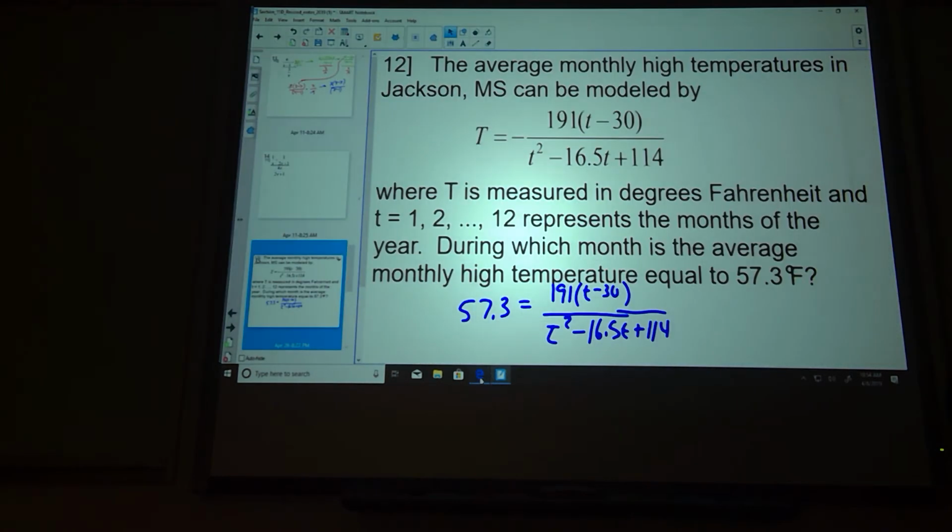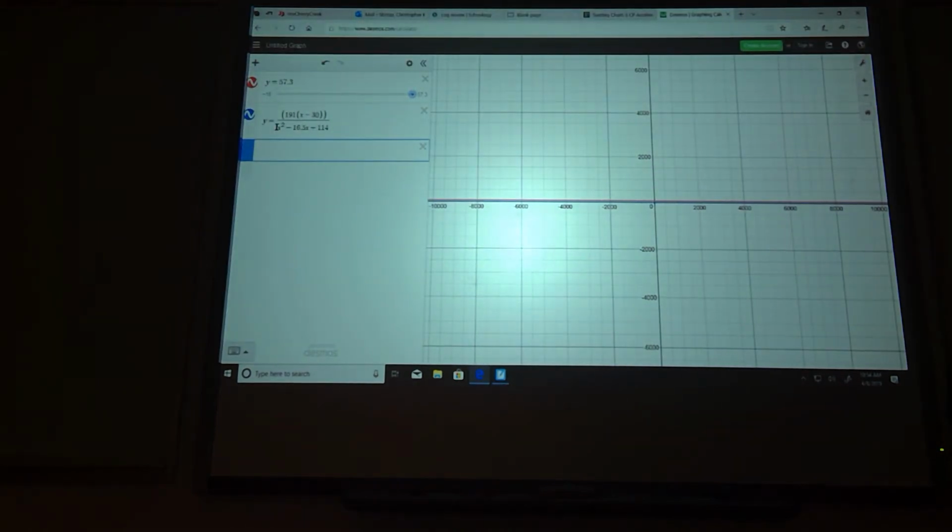Did I do that problem? Where capital T is measured in degrees Fahrenheit. Oh, I know what I did. Sorry. Parentheses. Maybe.